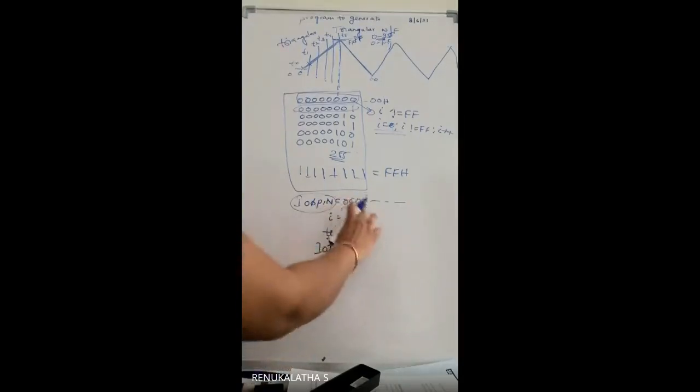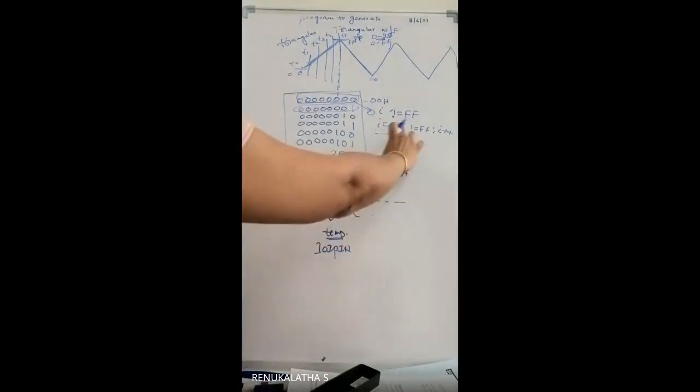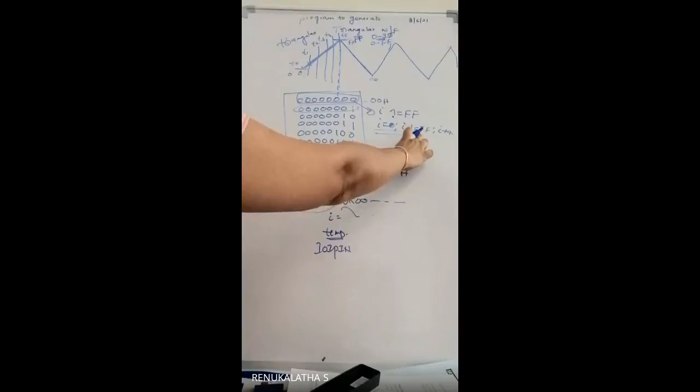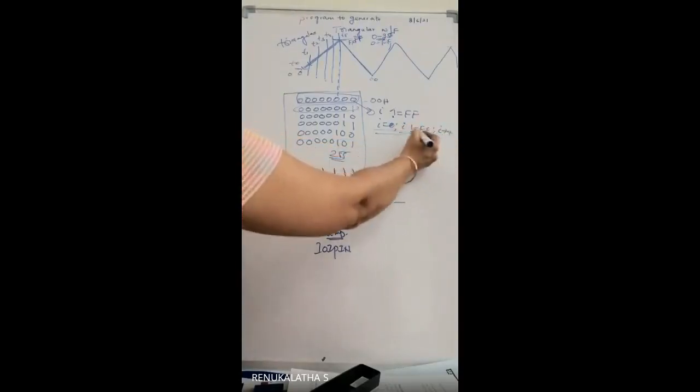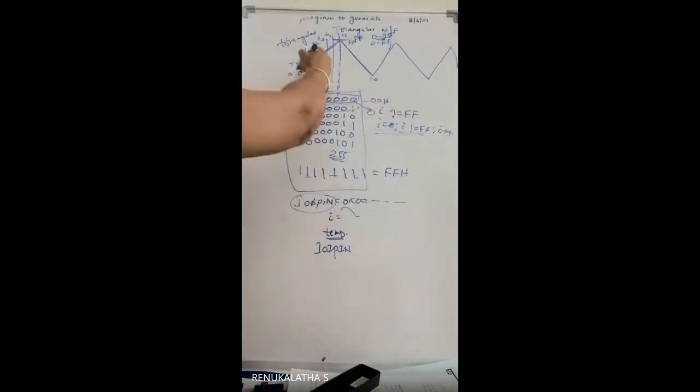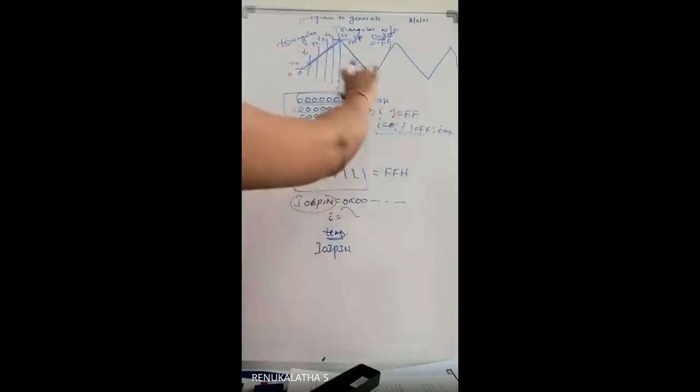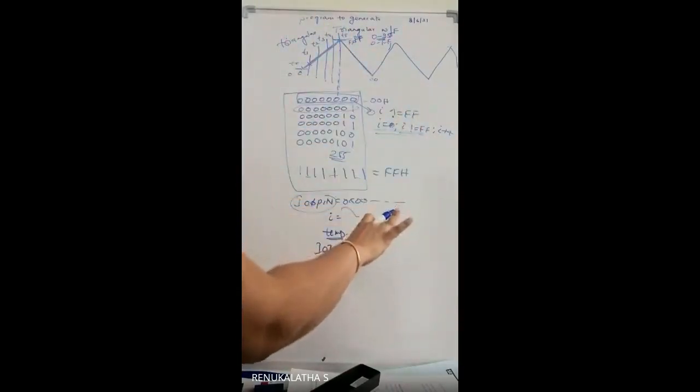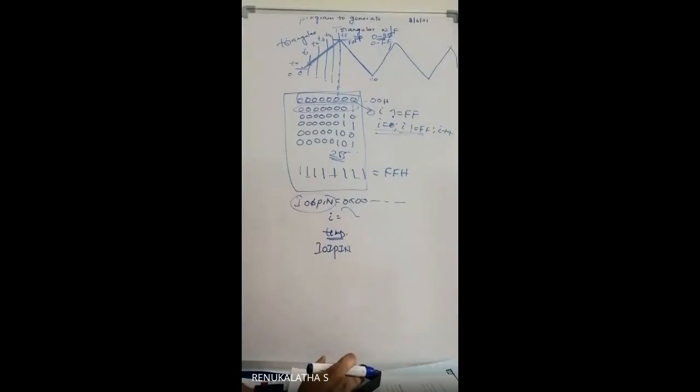Like this, it will be in the loop till it is equal to FF. So you have to increment the i value till i is not equal to FF. As soon as it becomes equal to FF, it has to come out of that loop. Followed this? Yes, ma'am. Okay. So now let me write a program.